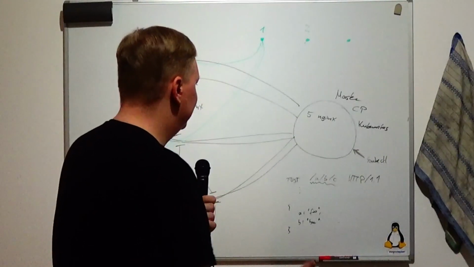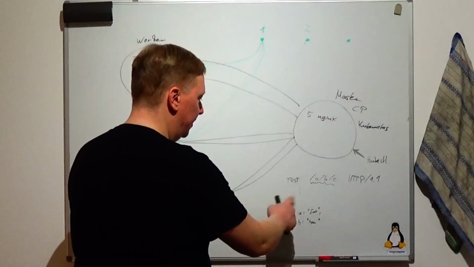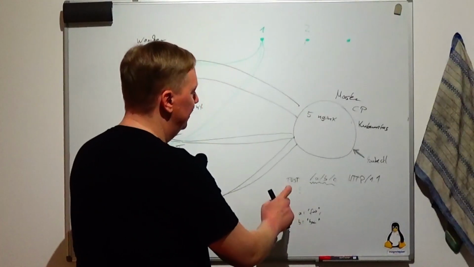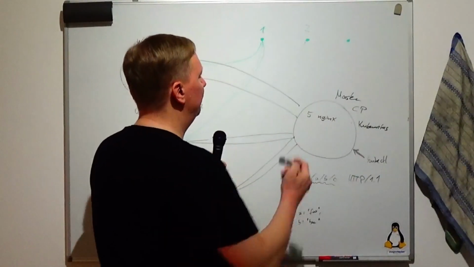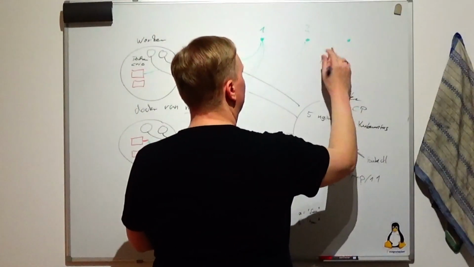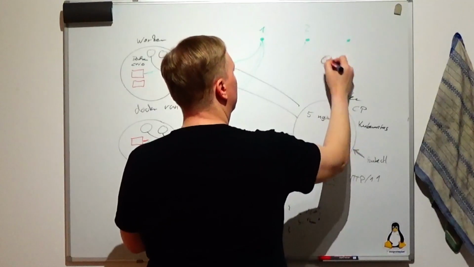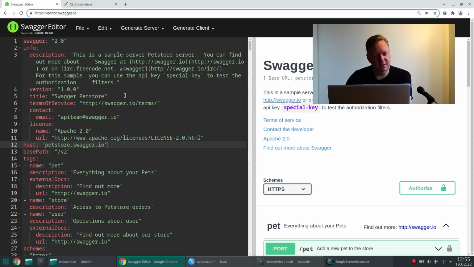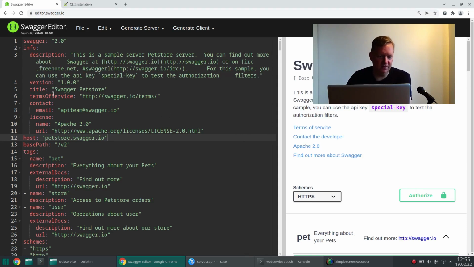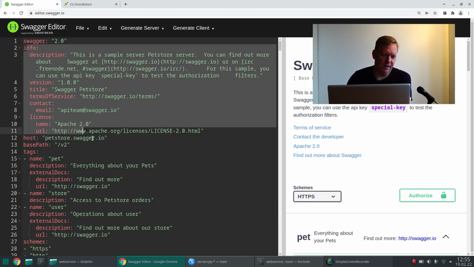And as I said, these JSON things can be specified with JSON schemas. And this is where OpenAPI comes in. This is a file specification, which is relatively good. So you have this YAML-based file type. I think you can also use JSON if you want to.